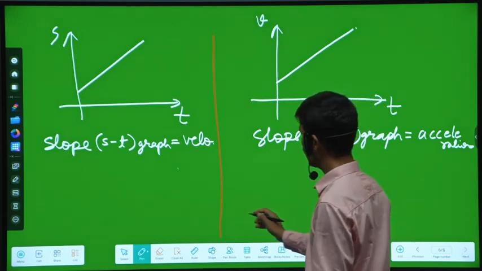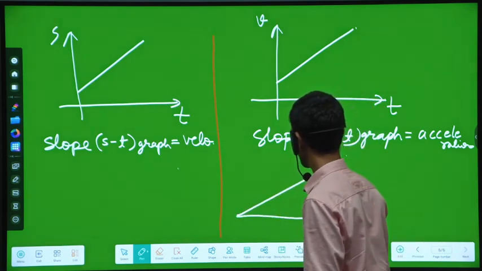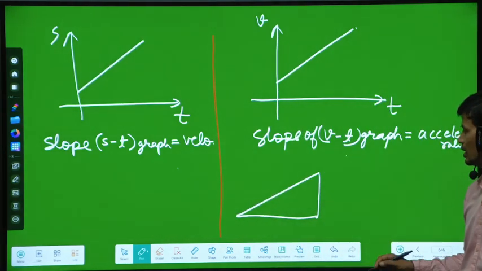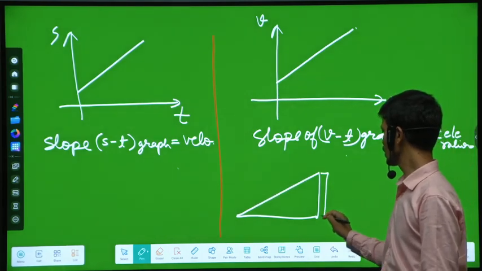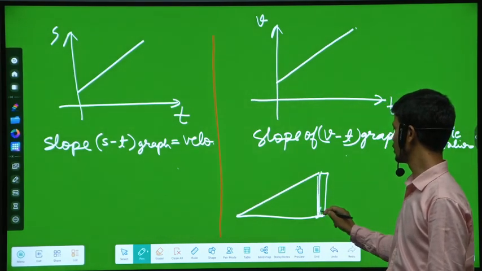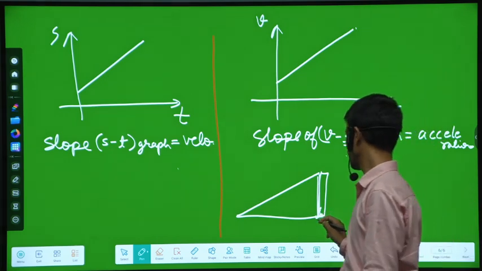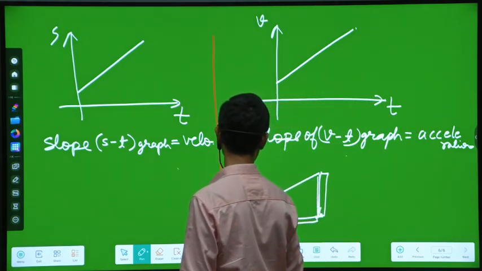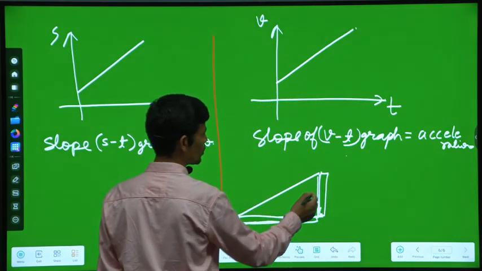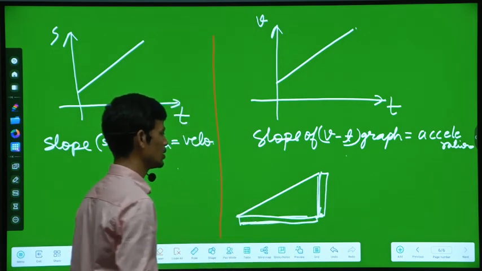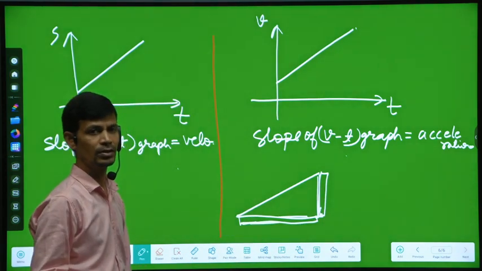What is slope? If there is a right angle triangle, then this side is generally called perpendicular and this side is called base. So perpendicular upon base is called slope.